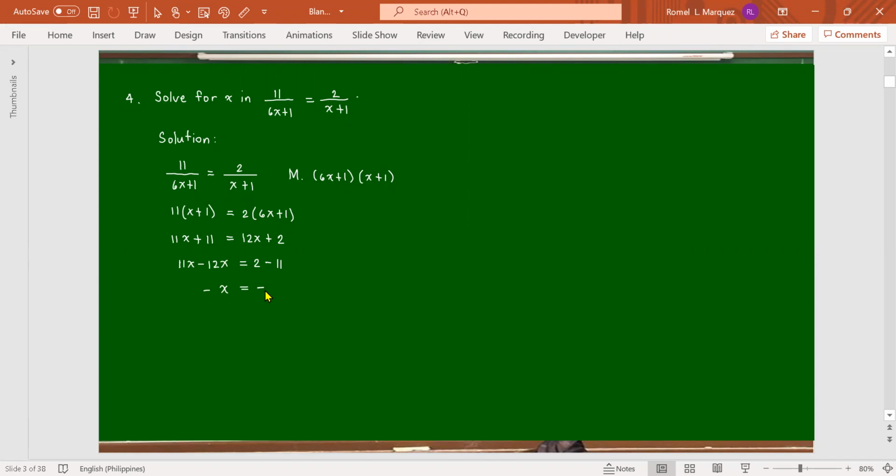On the right side, negative 9. Therefore, x is equal to 9, after multiplying this equation by negative 1. So the root or solution to this equation is x equals 9. So we accept this value since this value is in the domain of the equation.